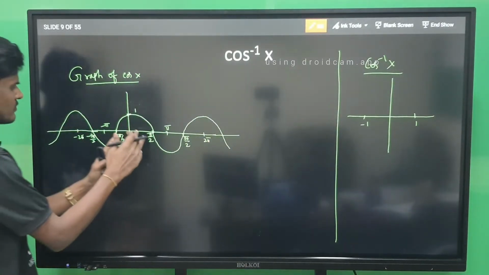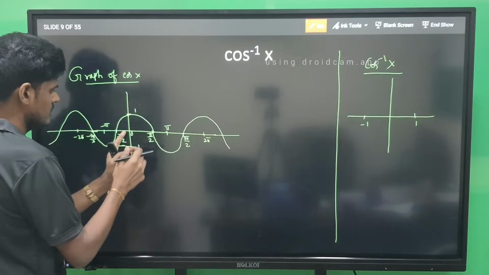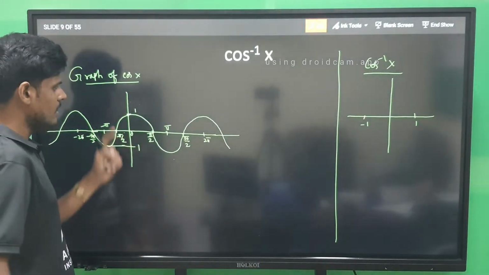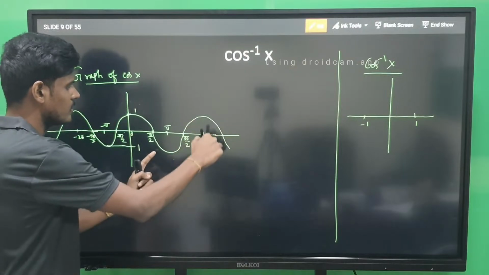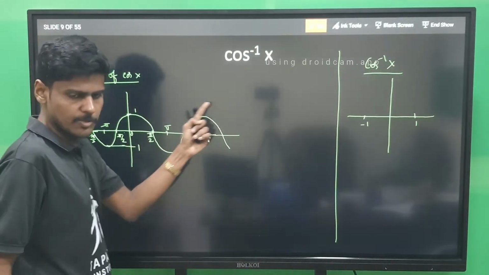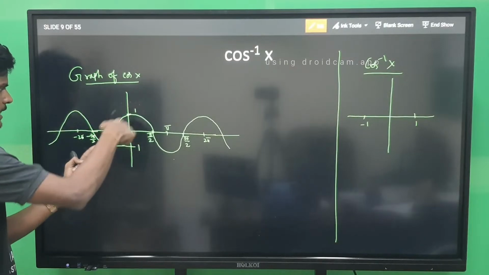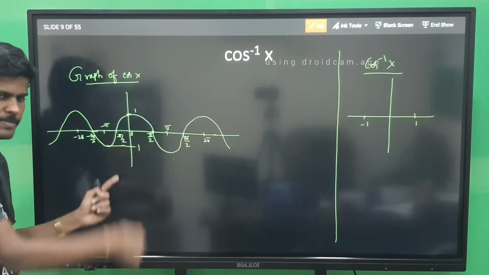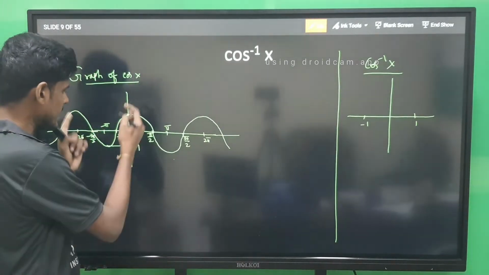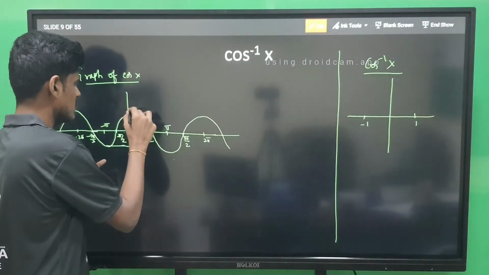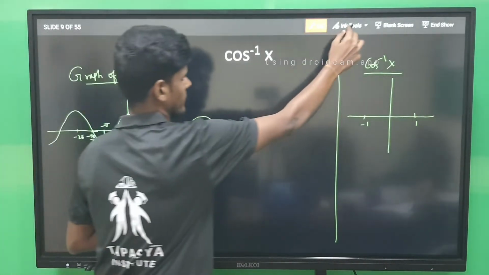So here we can take 0 to pi, that has all the values from minus 1 to 1. Similarly pi to 2 pi, that includes all the values here, or 0 to minus pi, that also includes all the values from minus 1 to 1. So we can take any branch here and we will consider the branch 0 to pi.